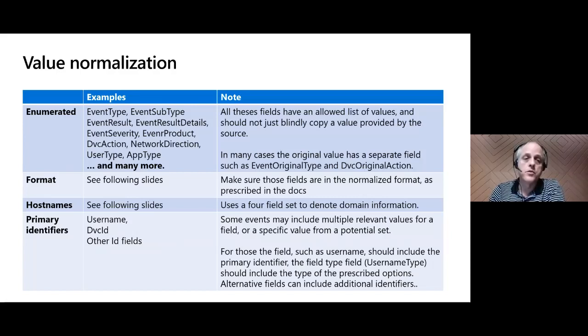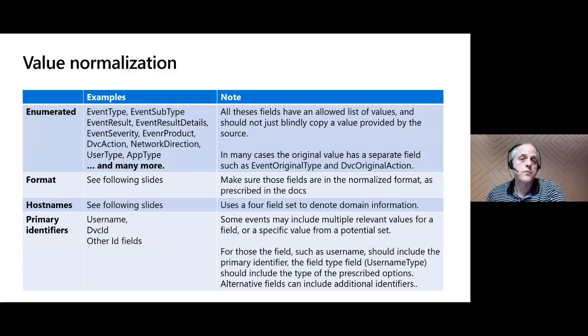I'll leave the host name for the next 2 slides. I'll talk about identifiers. A big challenge that we see a lot is that an event may have an identifier of a different type, or multiple identifiers. For example, what does the username imply?